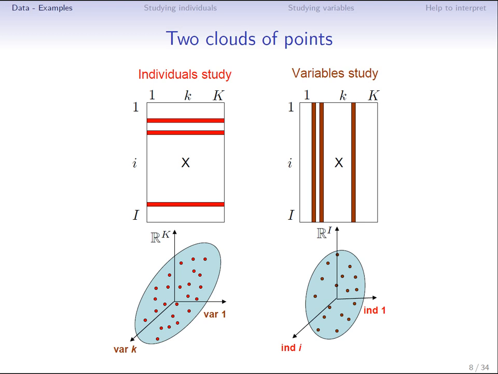This cloud of points evolves in a space with many dimensions. If there are k variables, the cloud of points evolves in a k-dimensional space. Studying variables, a variable is a point in a space with I dimensions. There are I coordinates for each variable. Each variable is a point in a space with I dimensions, so I will see a cloud of variables that evolves in a space R^I.